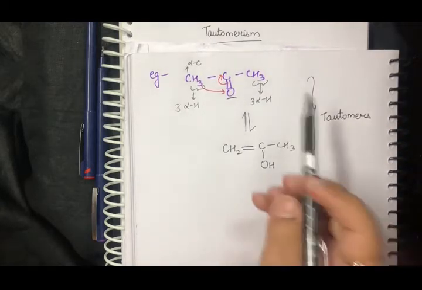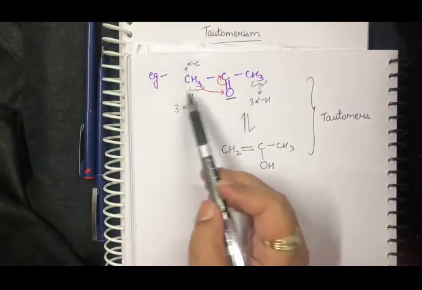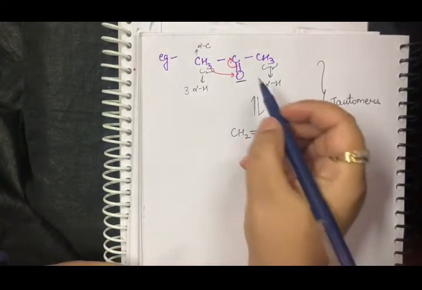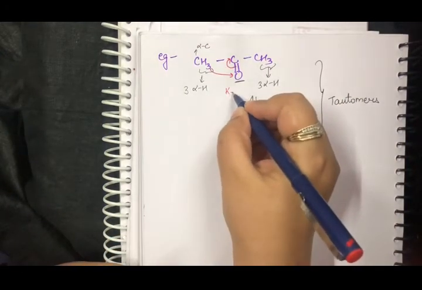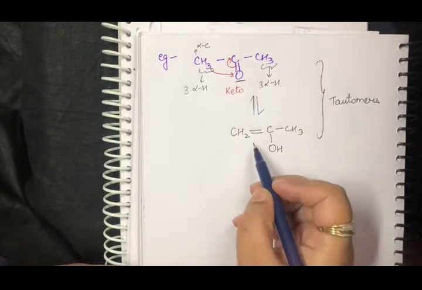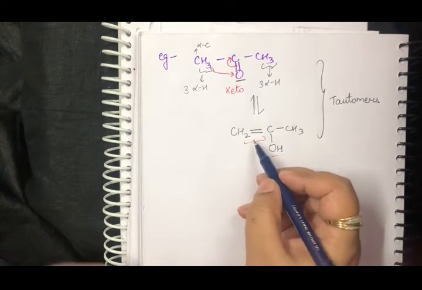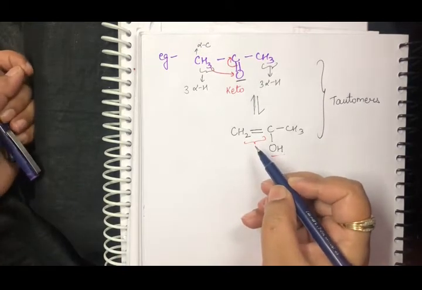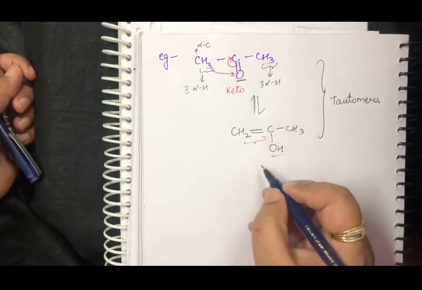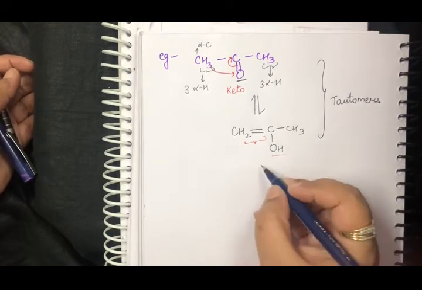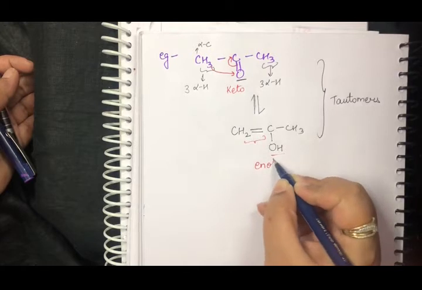Now it can also occur with the alpha hydrogen present on the other side, because they are both the same. I have done it using one of them. The other thing to note here is that this was a keto group, right? And here there is a double bond and an alcohol. The double bond is represented by an alkene, the word is ene, and the alcohol is suffixed by ol. So I will write this as enol.